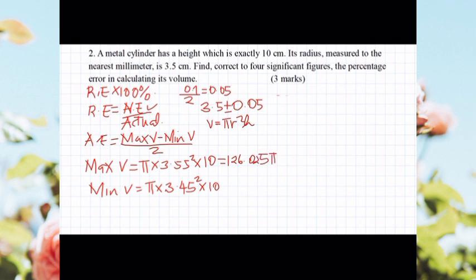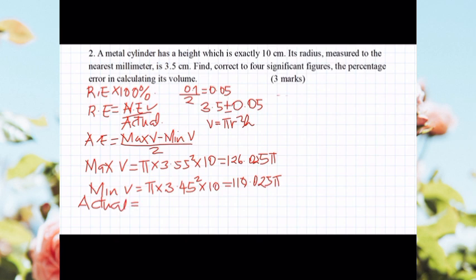And here on the minimum, when we work out, we find that our minimum volume is going to be 119.025 pi. And then now we can find out what the actual volume is.